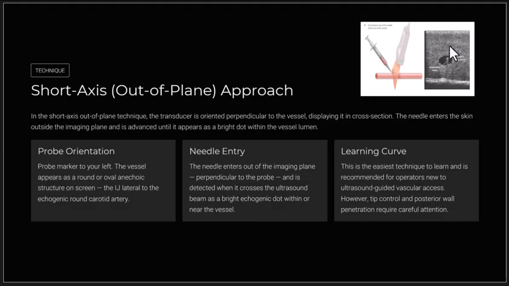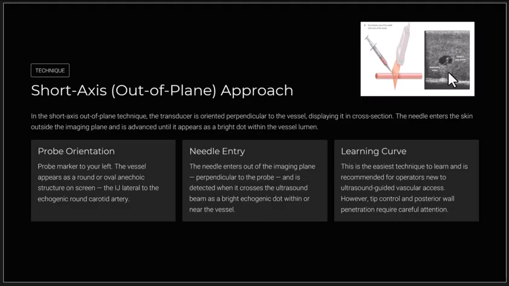We'll blow up this image in just a moment as it goes under the ultrasound beam. Now, this one is probably easiest to learn, but it can be hard to really perfect your technique in doing this. So tip control and the ability to follow the tip of your needle is key here, because you want to make sure you don't accidentally lose track of your needle tip and penetrate the posterior wall of the vessel.